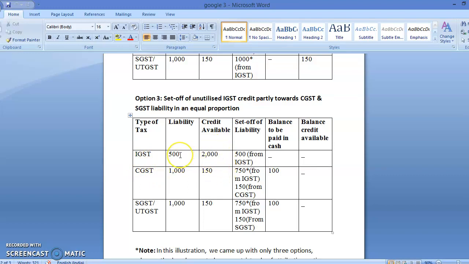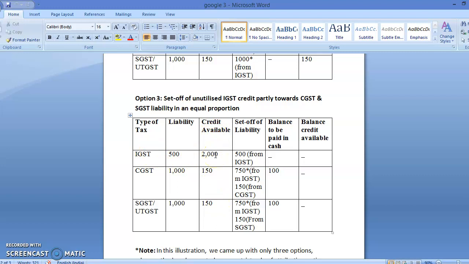Once this 500 liability is set off, 1500 credit remains with us, which we are going to utilize to set off liability of CGST and SGST in equal proportion. So CGST 1000 liability is there, SGST also 1000 liability is there. Both have credit available 150 each. But balance credit available of IGST is 1500.